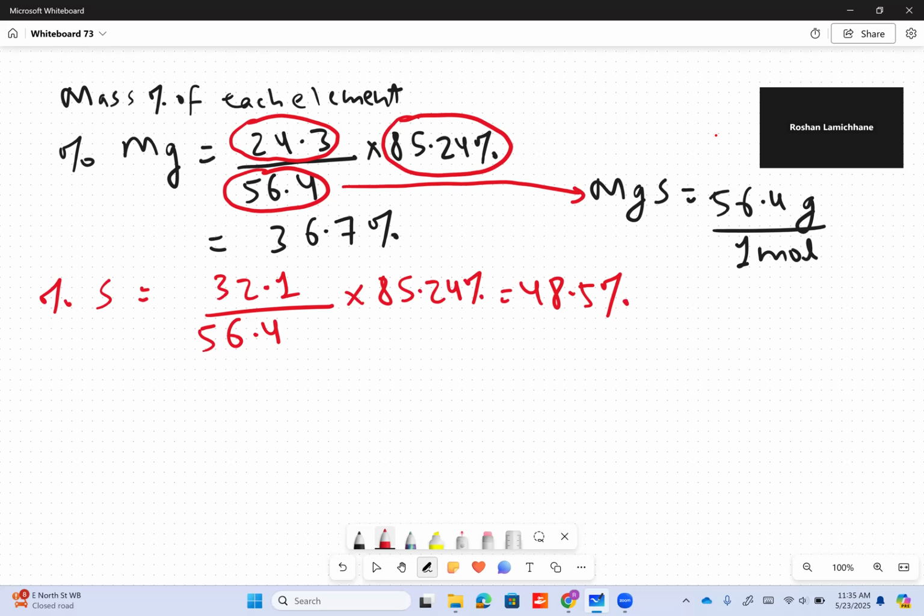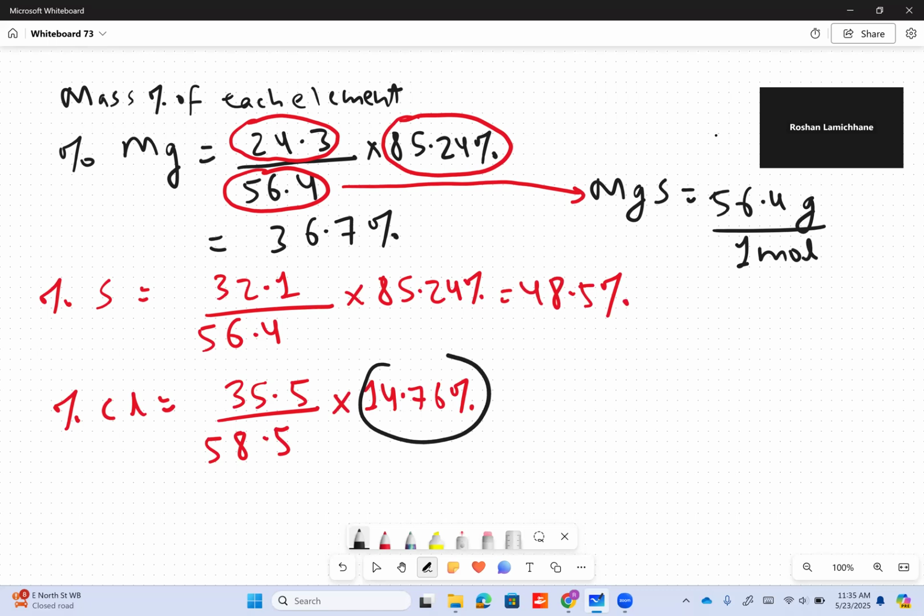For the chlorine, what you can do is add all the percentages up and subtract from 100%. Or if you want to go the other route, take the mass of 1 mole of chlorine, divide that by the molar mass of sodium chloride, times 14.76%. Be careful with this, because remember, this percentage was the mass percent of NaCl in the mixture.